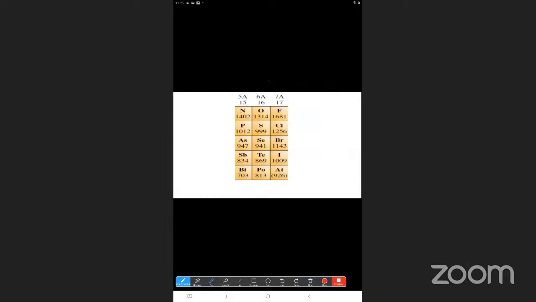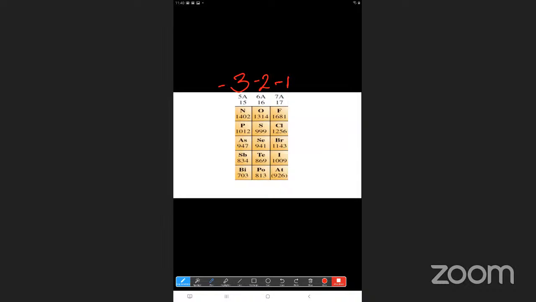So we can write the valency here. The oxidation number is -3 for 5A group elements, -2 for 6A group elements, and -1 for 7A group elements, because all these elements take electrons to become stable with 8 electrons in the valency shell.